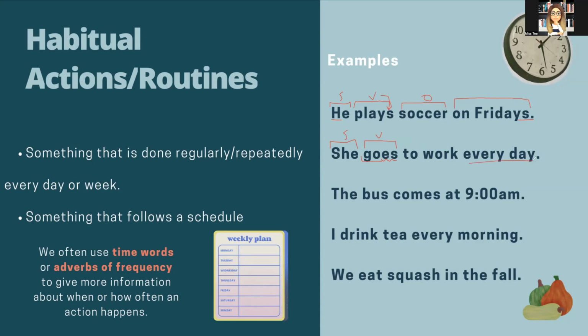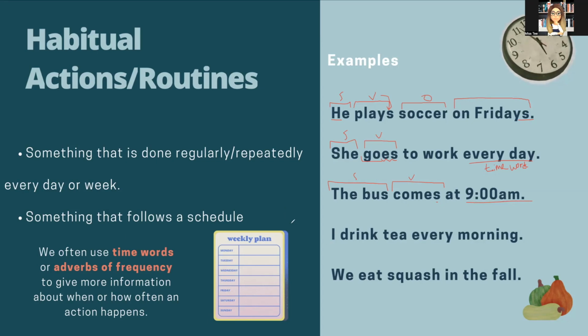Now, this is our time word to tell us, well, when does she go to work? The bus comes at 9 o'clock. The bus is our subject. Comes. Singular, right? So we have third person singular, S. 9 o'clock. This is our time word.